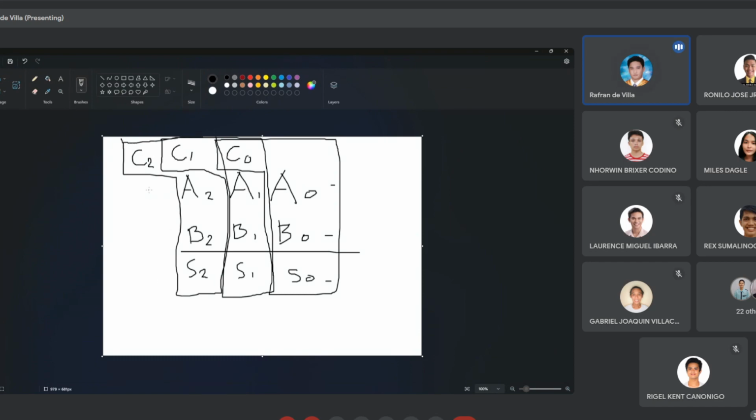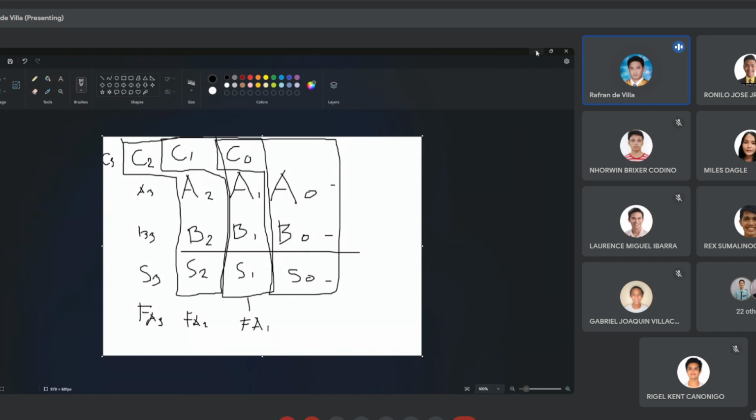So if you have A3, B3, again, it is so easy to extend the design. It's just like that, right? So that means this circuit, this is a full adder circuit that represents the tens. This is the full adder circuit that would represent the hundreds place and another full adder circuit to represent the thousands place. Okay?